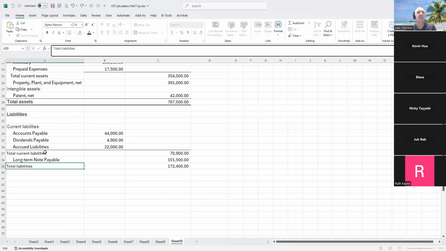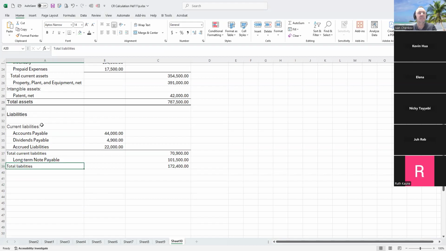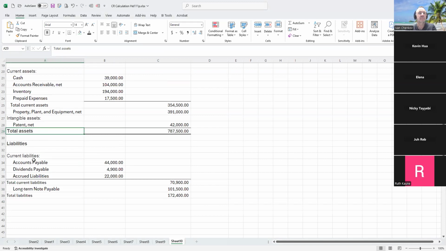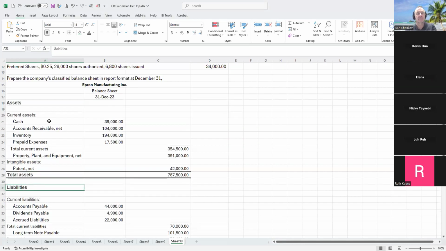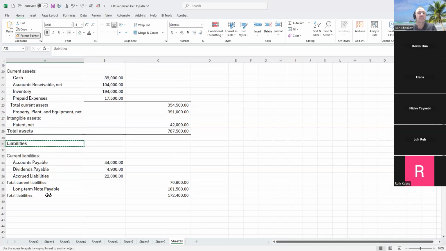Total liabilities, that much. What's next? The equity section, right?